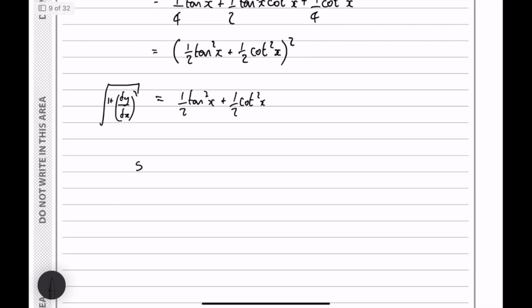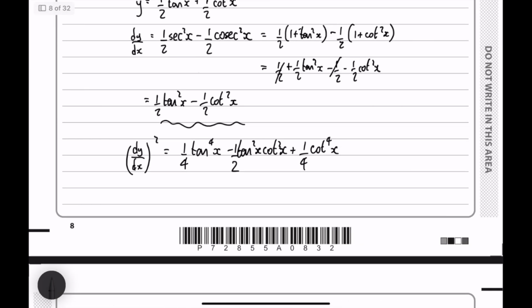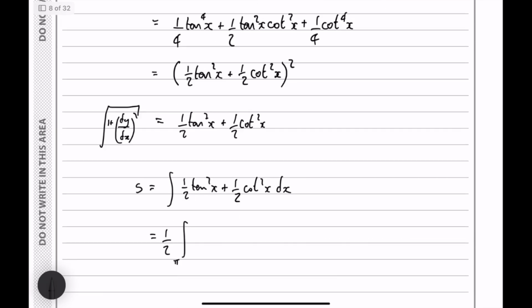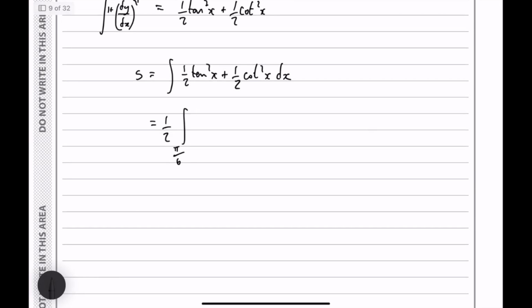So s is equal to the integral of half tan squared x plus a half cot squared x dx, pulling the half out and adding our limits, pi by 6, pi by 3, gives us the expression they need in the question.